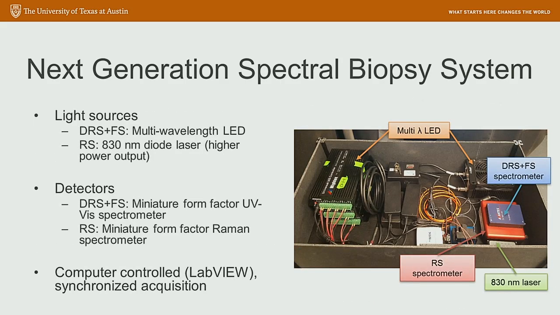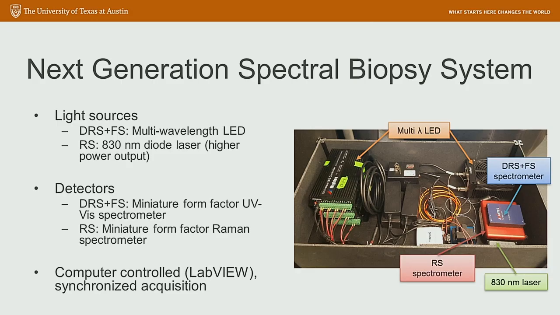In addition, we've also looked at using a few different light sources and detectors for this next generation system. For diffuse reflectance and fluorescence spectroscopies, we're intending to move to a multi-wavelength LED light source that will provide excitation light for both methods of spectroscopy, as well as, again, an 830 nanometer diode laser, but with a higher power output for Raman.